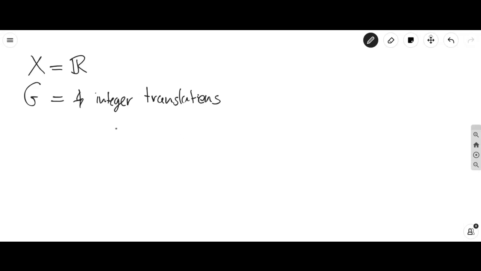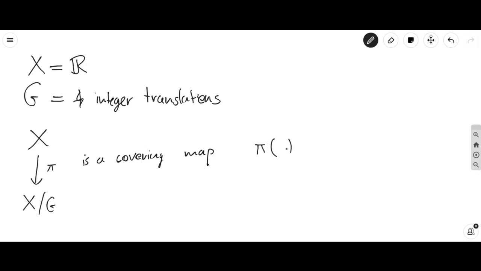And therefore we have a covering map pi, where pi of a real number x is simply that real number mod the group.